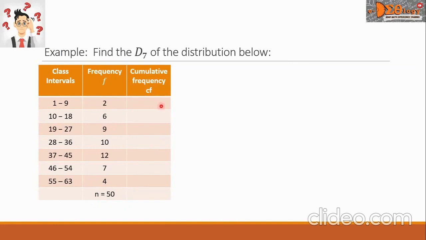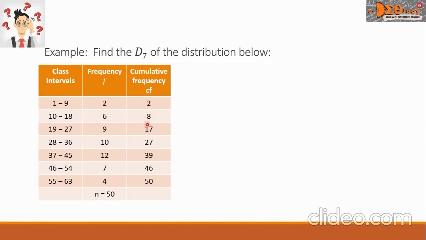Let us construct another column, and that is the cumulative frequency denoted by Cf. The values are here. The first number here, the number 2, is copied from the frequency of the first class. And then 2 plus 6 equals 8.